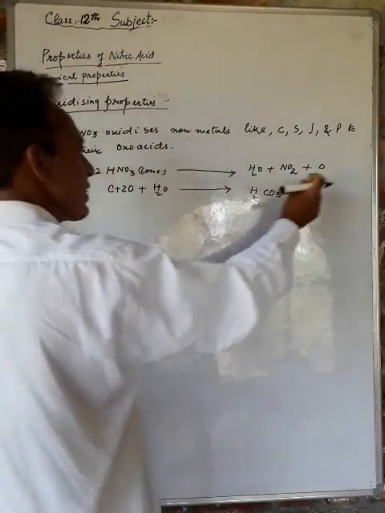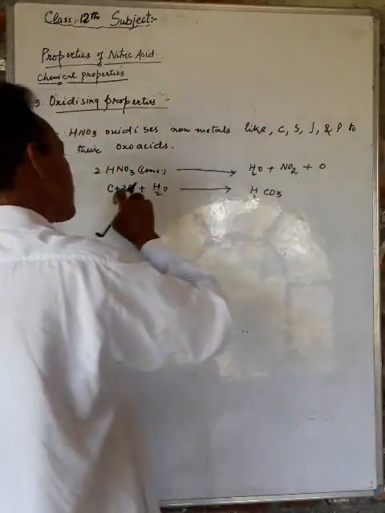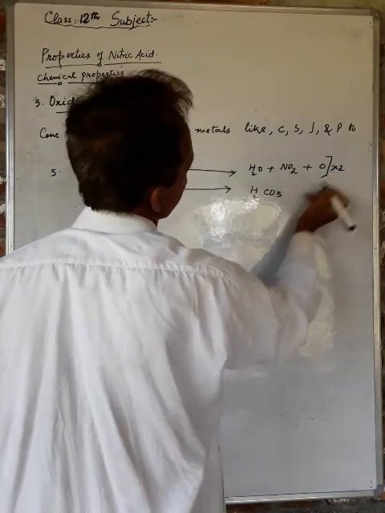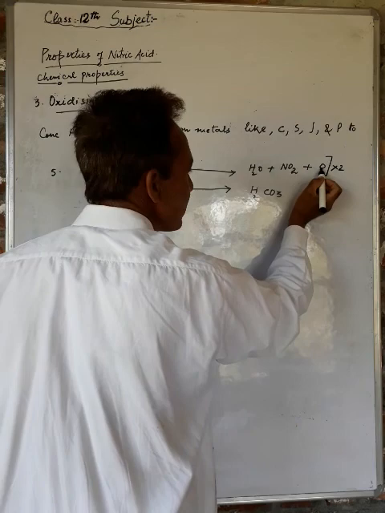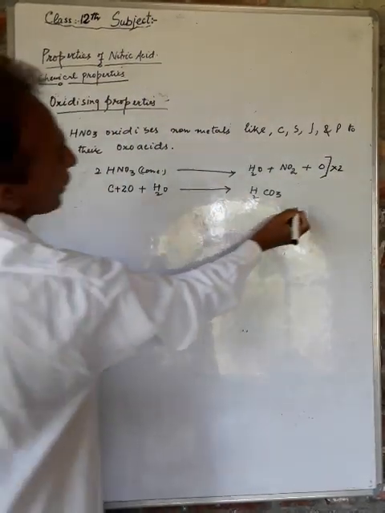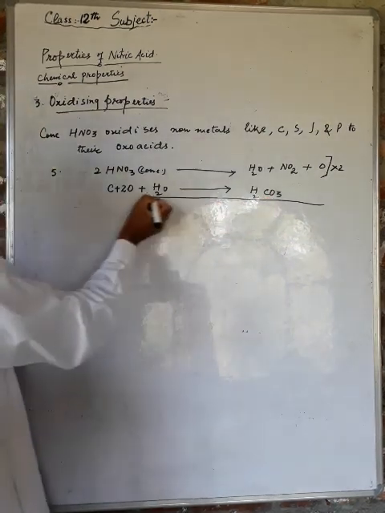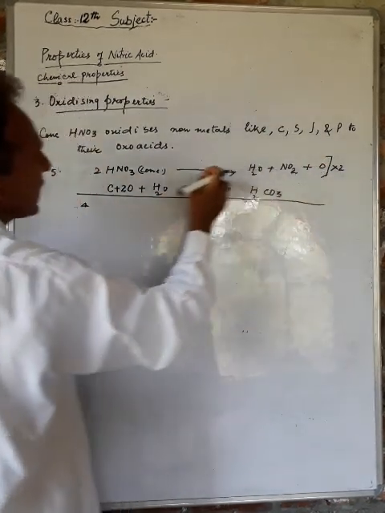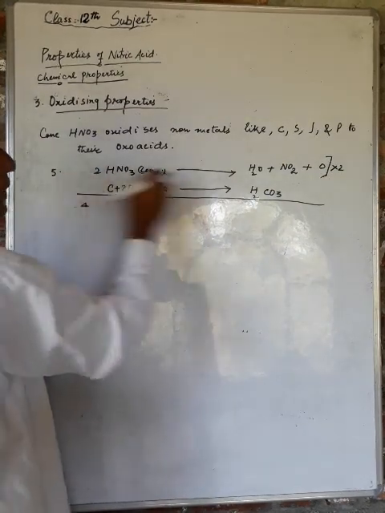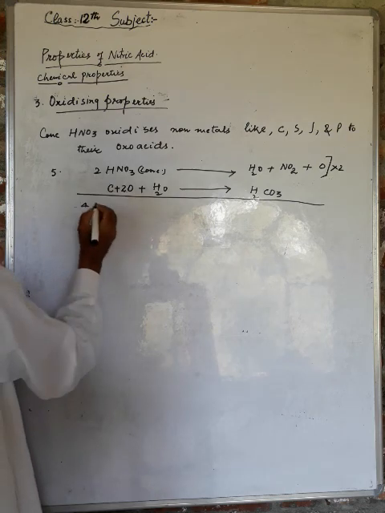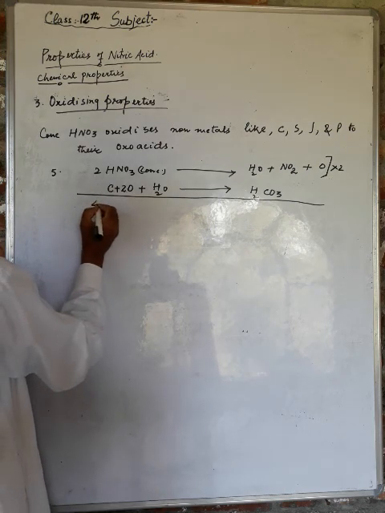So we have to cancel; the nascent oxygen that is released is consumed. In order to cancel it, we have to multiply by 2, so that twice nascent oxygen and twice nascent oxygen will cancel. So the overall reaction will be, it is now 4 times.